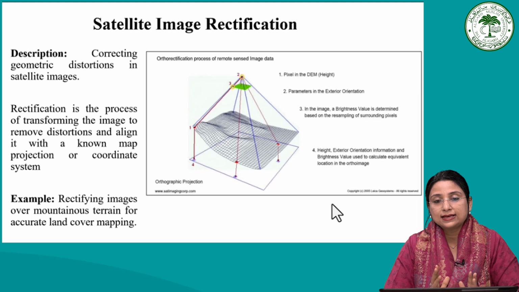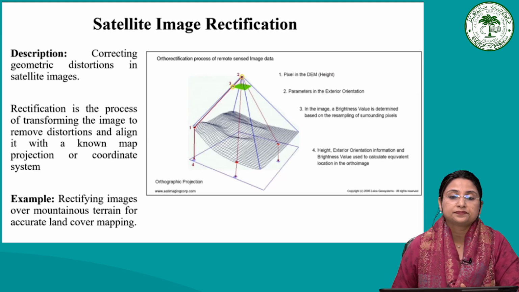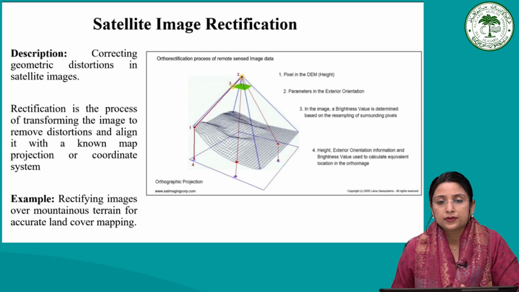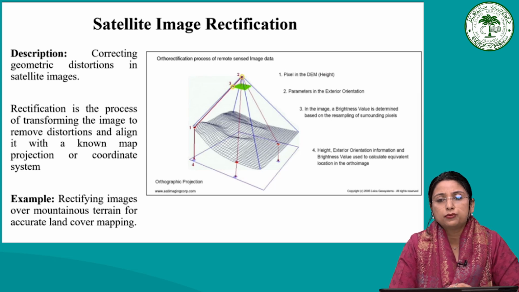So let us take the example. Consider a satellite image which is captured over a mountainous region.